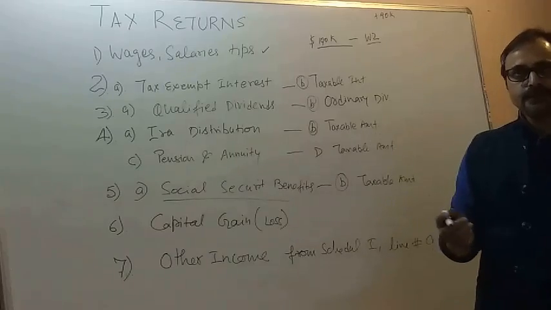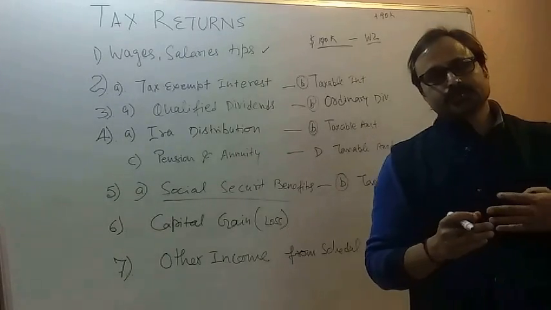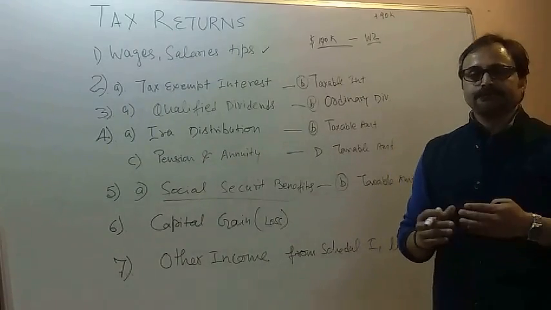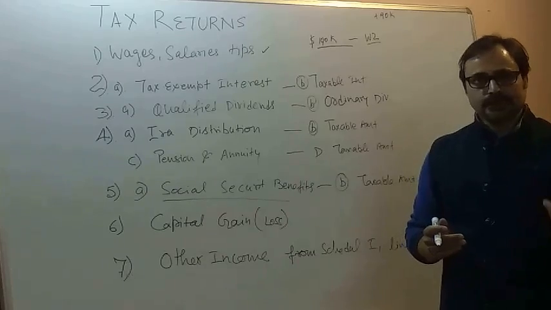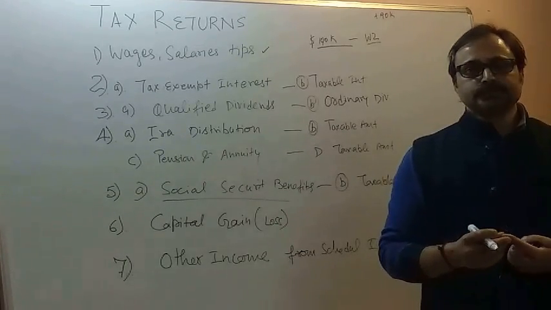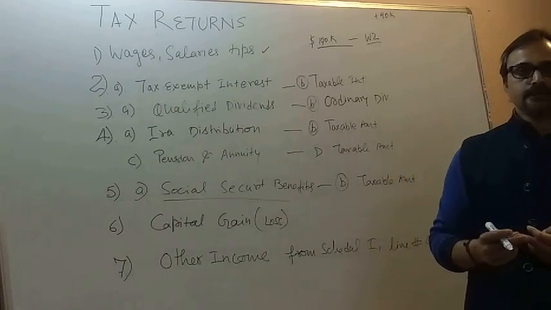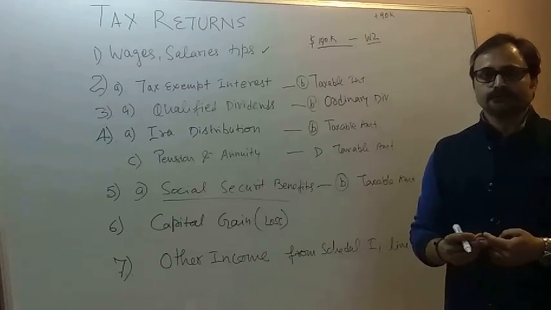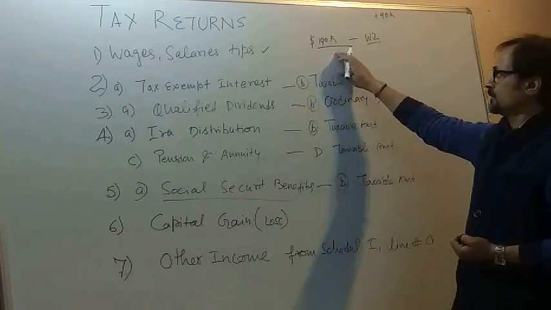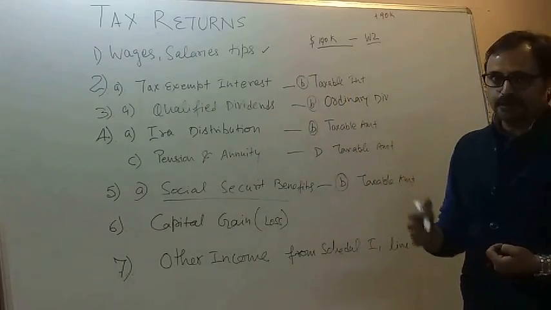Sometimes the tax return has been filed by a married couple, but only one person is working. I mean, the borrower is working and the other person or spouse is not working. In that case, we can easily assume that it is the only income that has been earned by the borrower.